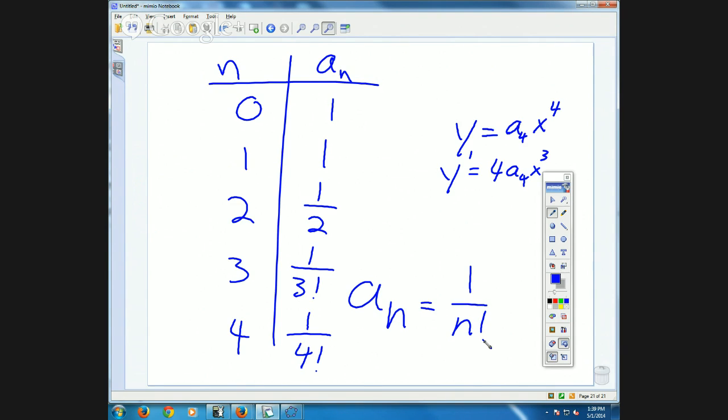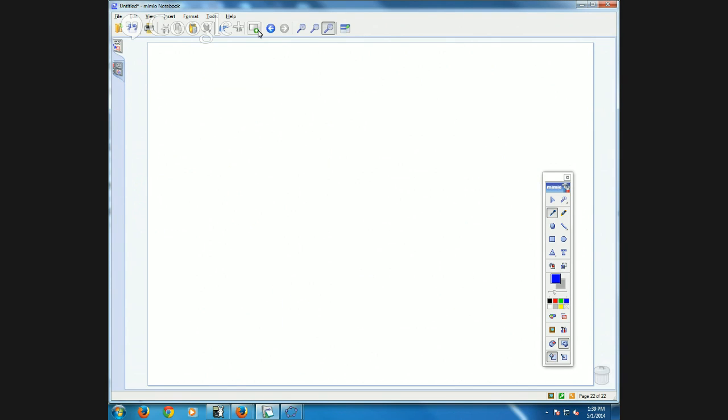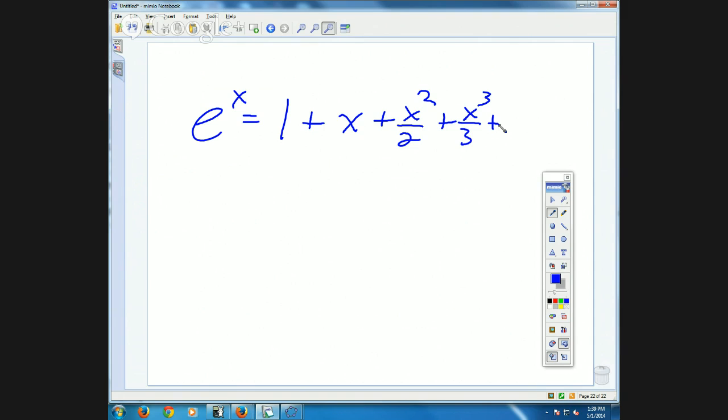So we believe now, based on the derivatives of e to the x and the pattern we've observed, that e to the x is equal to 1 plus x plus x squared over 2 plus x cubed over 3 factorial, and so on, up to x to the n over n factorial, and just keep going. We've just developed a pattern that says these should be equal.